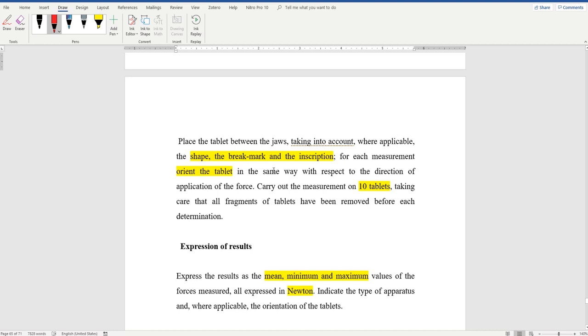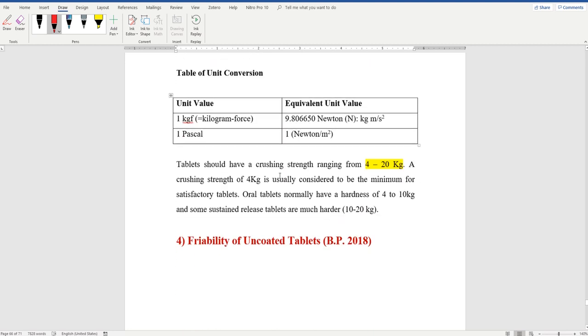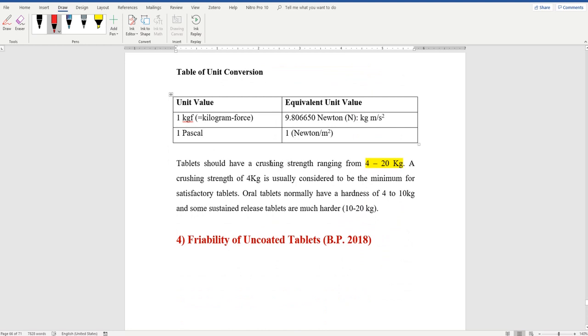But how would I know that the resistance to crushing strength that I got is normal for tablets? Well, usually the resistance to crushing strength ranges from 4 to 20 kilogram force. That is the range required to crush tablets in general.